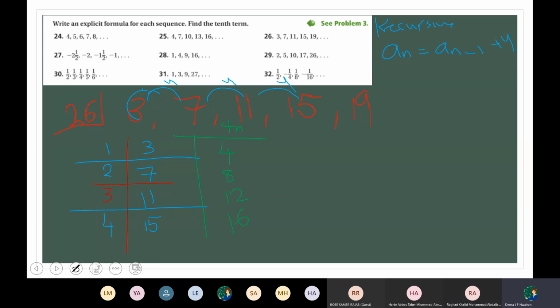Then I subtracted 1. 8 minus 1 is 7. Yay, it works. 12 minus 1 is 11. 16 minus 1 is 15. So I can say that a of n here is 4n minus 1.